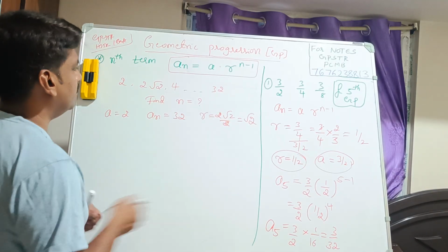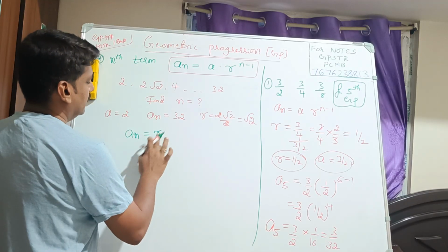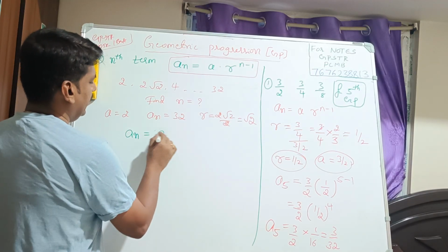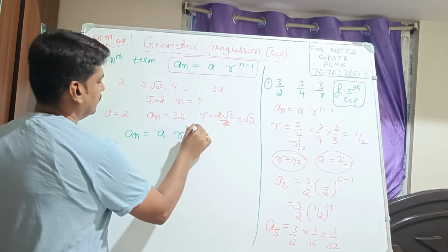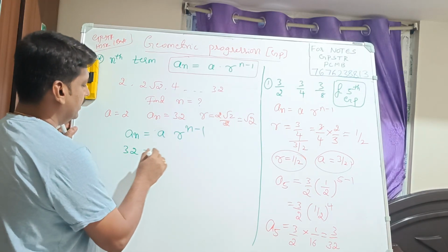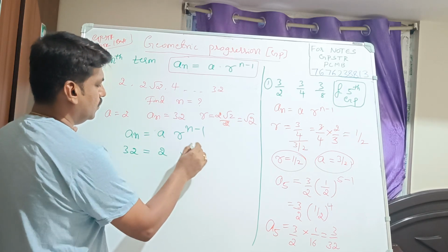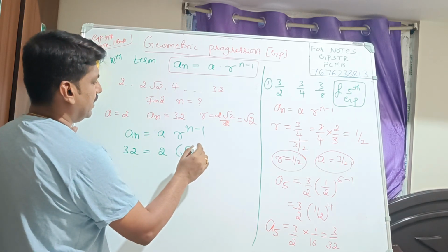Then use the formula. What is the formula? an is equal to a multiplied by r raised to n minus 1. an is given, that is 32. a is 2. r is root 2, raised to n minus 1.